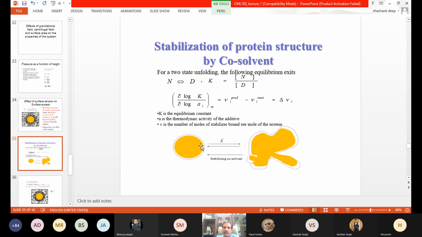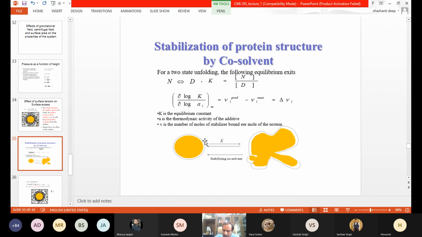And if I want to shift the equilibrium towards the right-hand side, then I add something which can bind to the product. So if something binds to the reactant, the equilibrium will shift towards the left. If something binds to the product, then the equilibrium will move towards the product side.